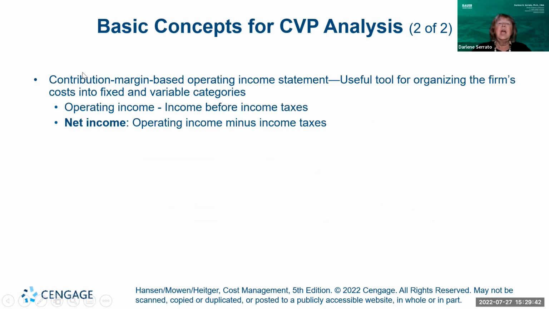So we're using the contribution margin based income statement that was explained to you in the review for chapter 3. When we talk about operating income, we're talking about before taxes. Okay, bottom line net income is after taxes.